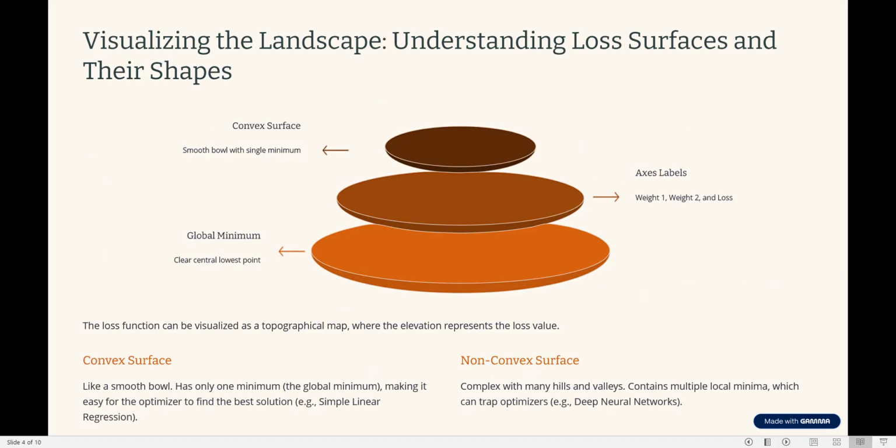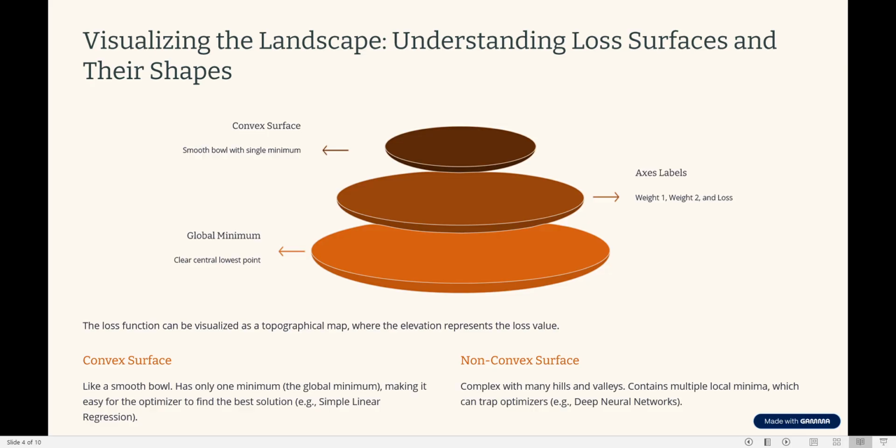Then we see visualizing the landscape, understanding the loss surface and its spaces. Imagine the loss function as a landscape or a topographical map where the elevation represents the loss value. There are two main types of surface. First is the convex surface and second is the non-convex surface.